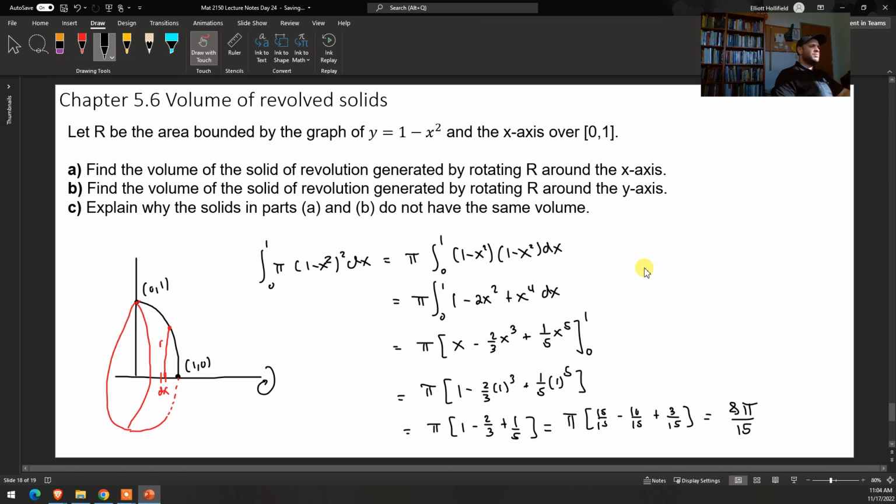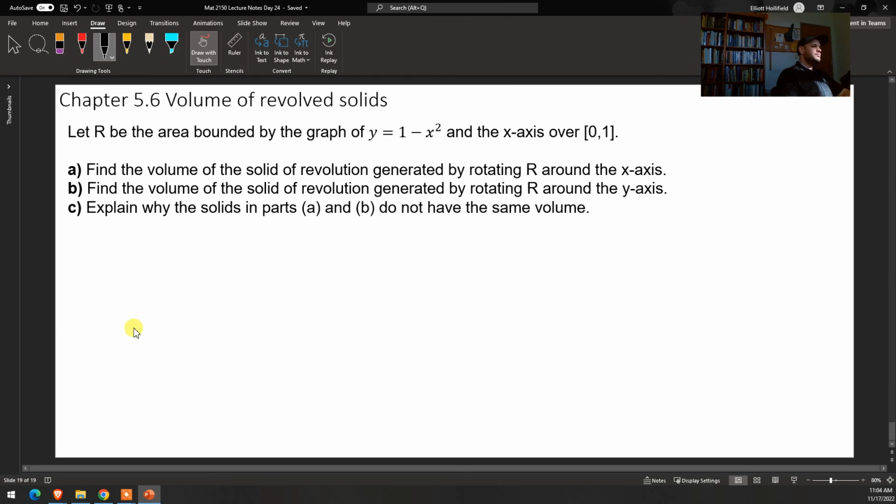Now let's try this problem another way, where we find the volume of the solid when we rotate the region about the y-axis. Let's first start with our picture again.